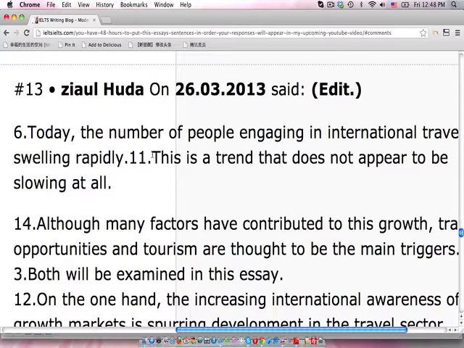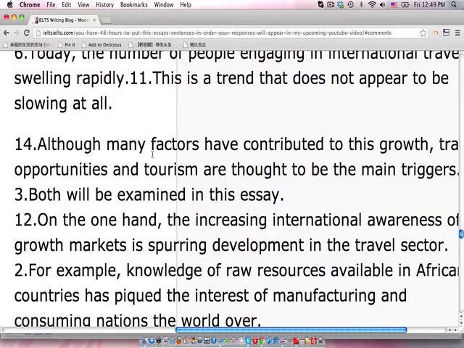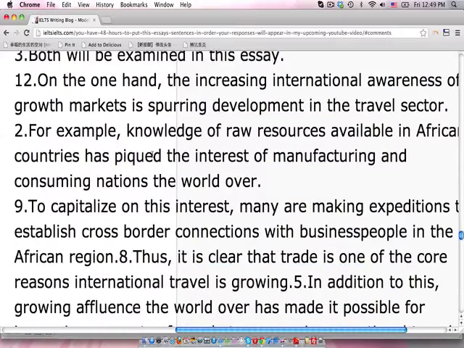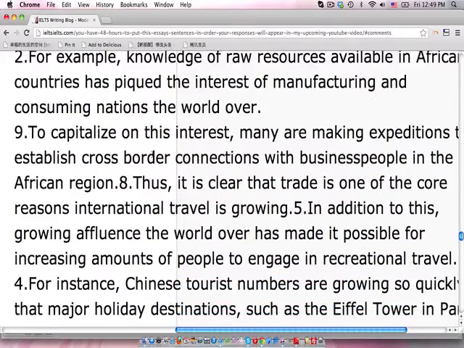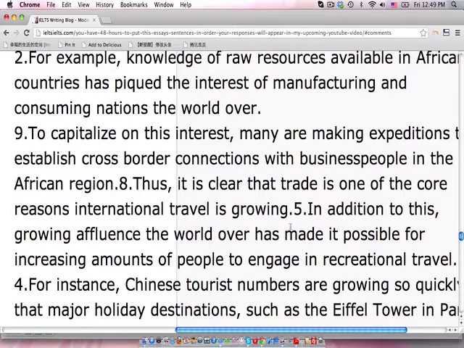Okay, Jalhuda. Let's see. Now, it looks fairly correct. On the one hand, for example, to capitalize on this interest, thus it is clear that trade... Okay, I don't know what's going on here. This should be on its own line. This is starting the second supporting paragraph, but it looks like there might have just been a formatting error.